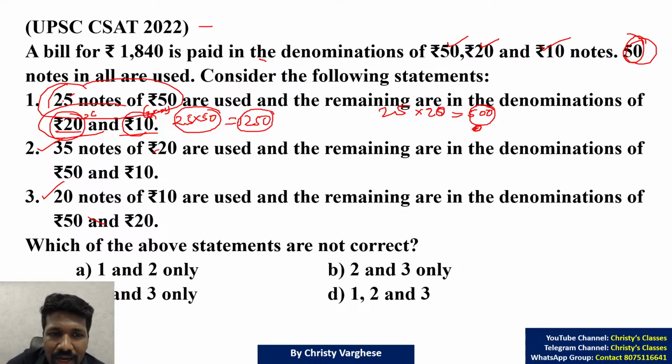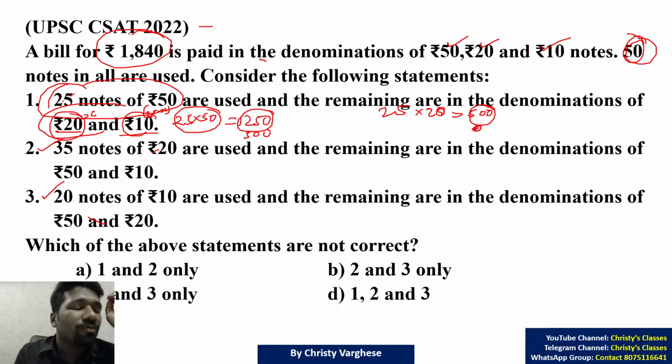1250 rupees are completed, 500 rupees added. Will you get 1840 complete? Can you pay the 1840 bill by that? No, you cannot, because 1250 plus 500 is 1750 only. You have to pay an 1800-plus bill. That is why clearly all being 20 will not work. All being 20 is the best case, the maximum money that you can accumulate.